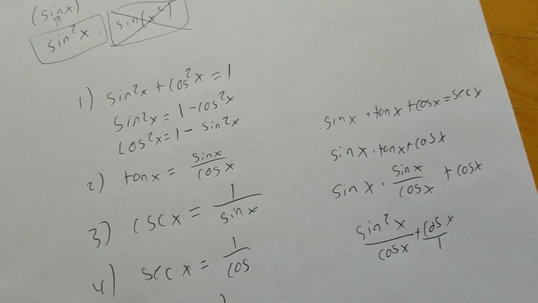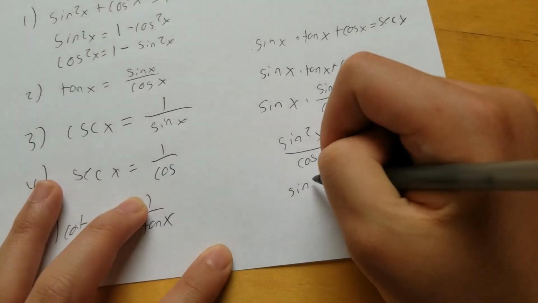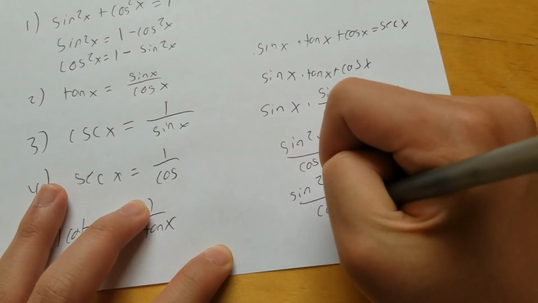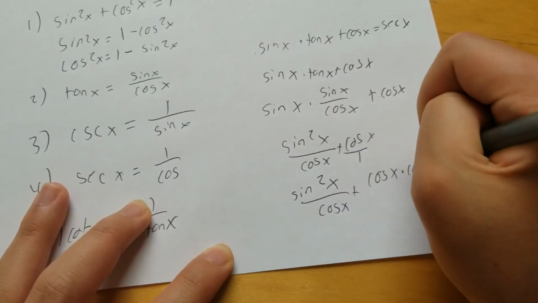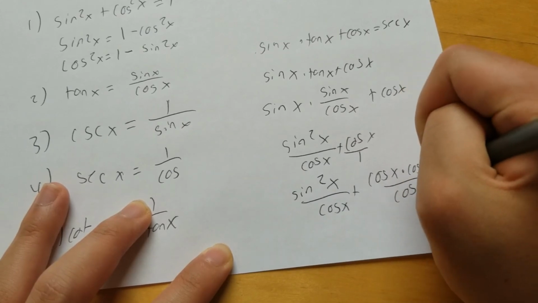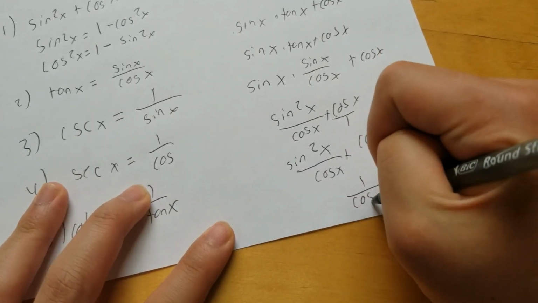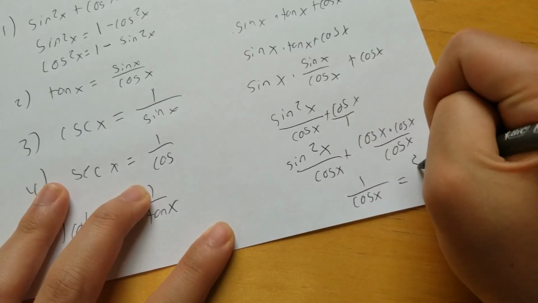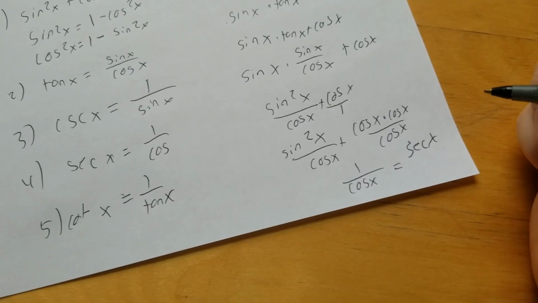So here, the common denominator for the two fractions is cosine x. And then you can just solve it. Essentially we'll be left with this, and you can convert it to secant x. Okay, so they're pretty easy to understand.